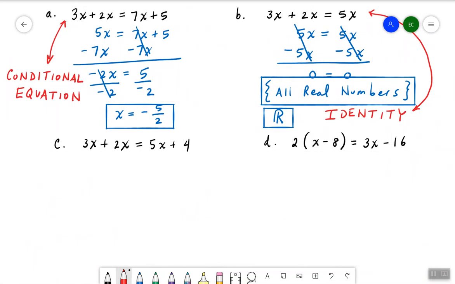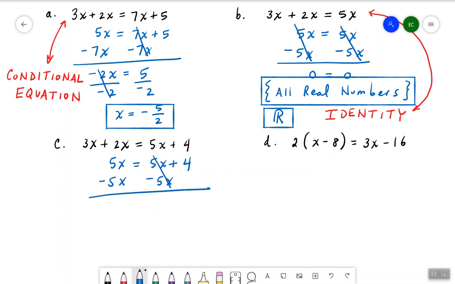In example C, let's go ahead and start to solve this. Let's combine the 3x plus 2x to make 5x. And then on the other side we have 5x plus 4. So if we go on and try to isolate x on one side, we would subtract 5x from both sides.